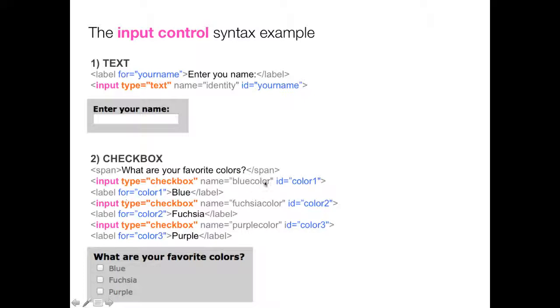ID and for have the same value. In the first one it's color 1, and the second is color 2, and the third is color 3. And that's because if we click on the word blue, we want a check to appear in the checkbox, or if we click on the checkbox, we want it to be checked. So we're creating a link between the value and the checkbox itself.